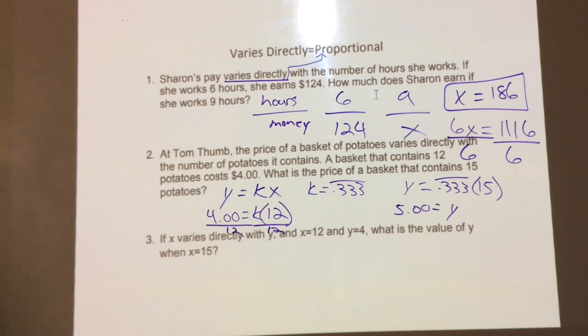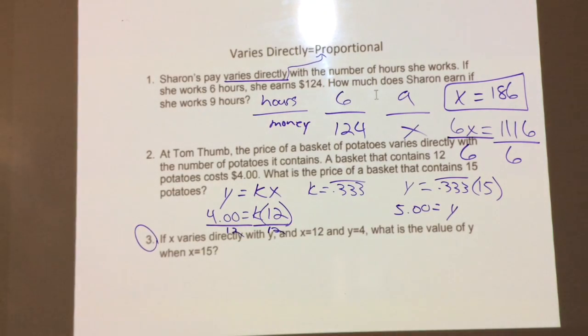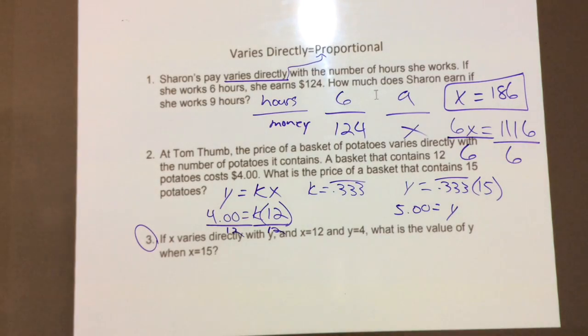Okay? What I'd like you to do now is, number 3 is the simplest question on here. I've given you 2 methods to solve this. Independently, because I want to see where you're at, I would like you to solve question number 3 on your own real quick. You've got 2 methods on the screen. I don't care which one you use, but I want to see how well we're understanding direct variation.